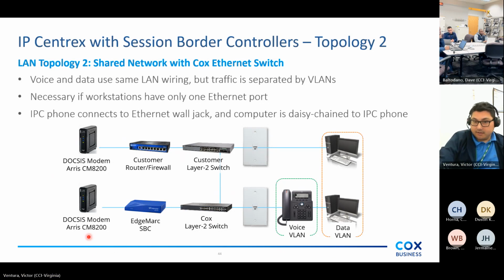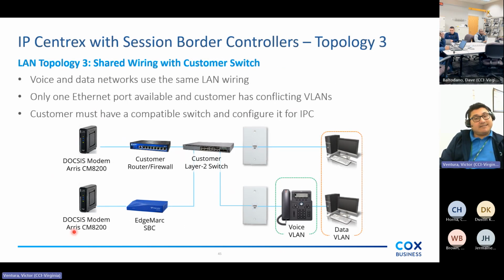Now, topology 3, again, is a more complex installation. We do not see that as many, but we want to make you aware what it looks like. Topology 3 is a shared wiring with the customer switch. Here we have Cox installing a CBI modem and a session border controller, and then voice traffic and management traffic goes through the customer switch.